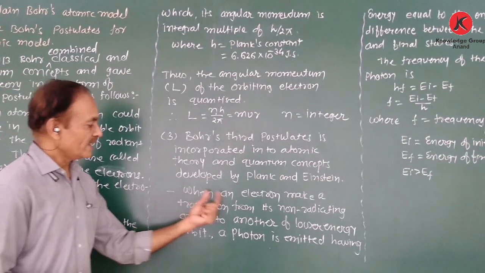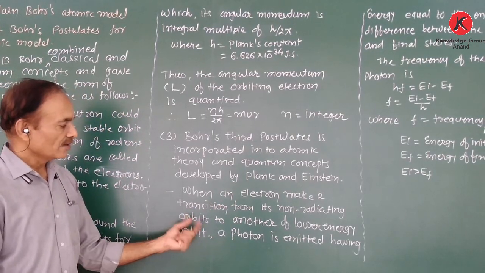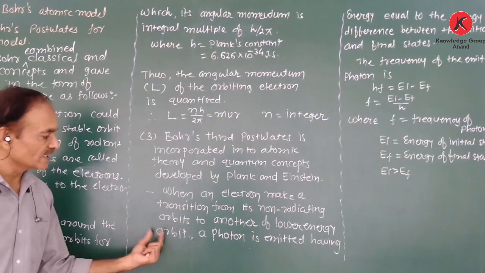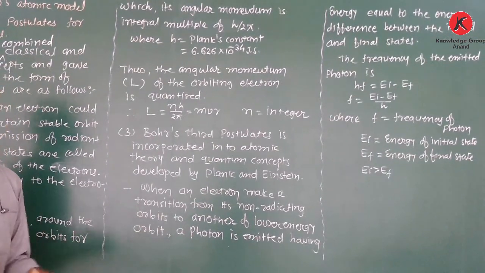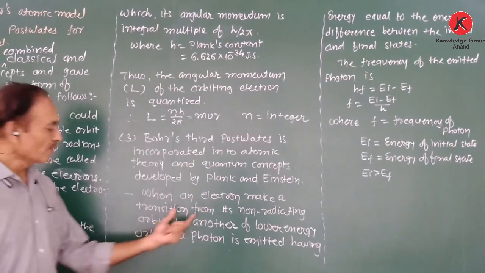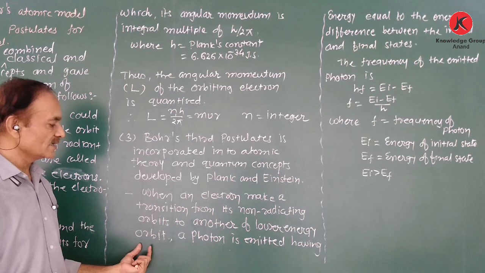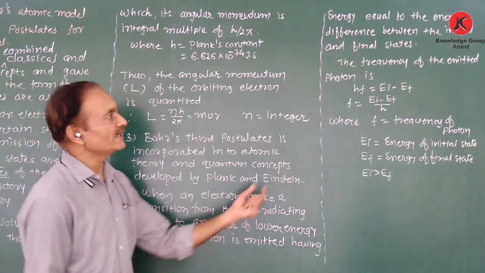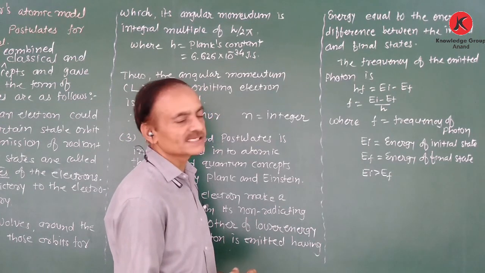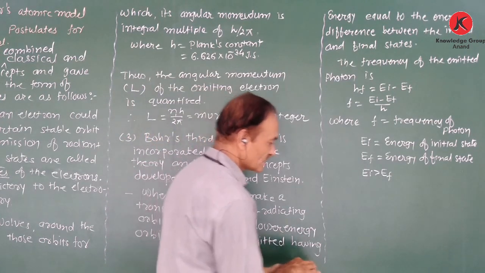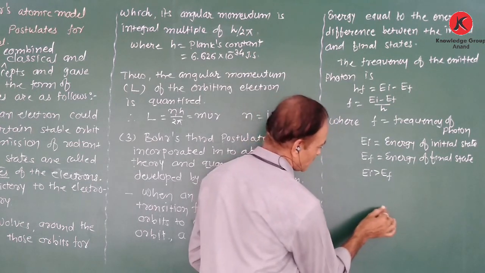When an electron makes a transition from a non-radiating orbit to another orbit of lower energy, a photon is emitted having energy equal to the energy difference between the initial and final states. Here is the nucleus, and here the orbits are present.